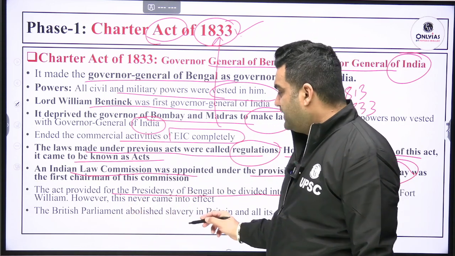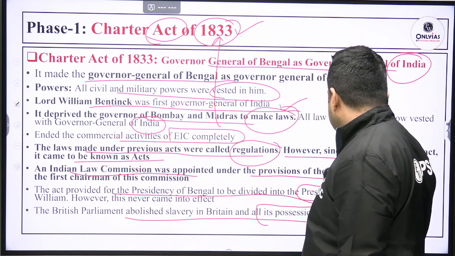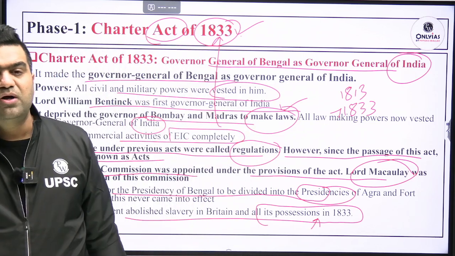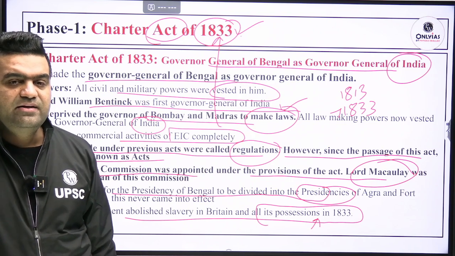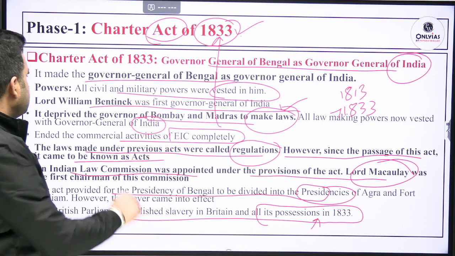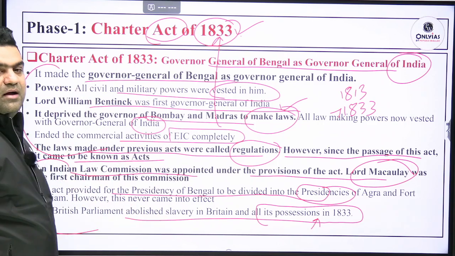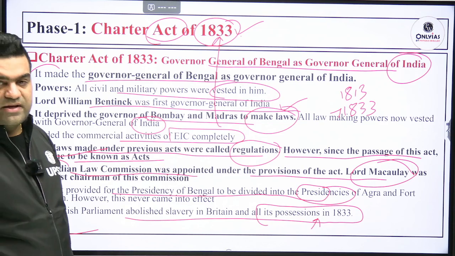So that's why the British Parliament abolished slavery in Britain and all its possessions in 1833. Slavery was abolished by the British Parliament, at least theoretically. Which Act? 1833. As I said, first extract, extort, and then act benevolent. Again, they are talking about good things, that we are abolishing slavery.